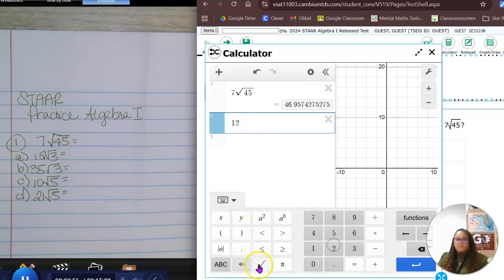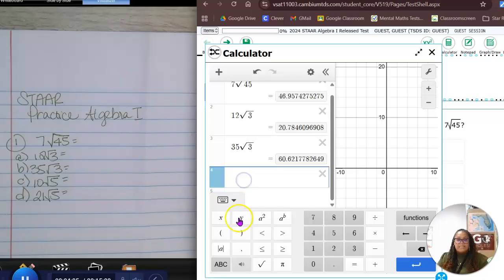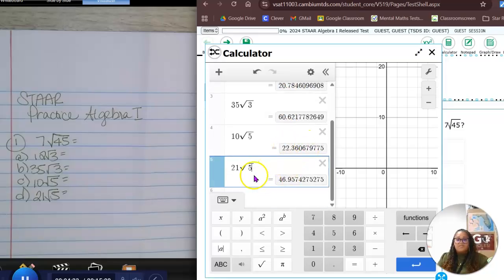Okay, 12 square root 3, 35 square root 3, 10 square root 5, and 21 square root 5. So I need to find one that's equal to 46.96. That's not 46, that's not 46, that's not 46, but this one is, so this would be my answer.